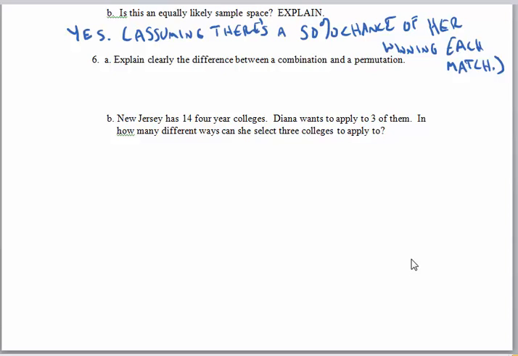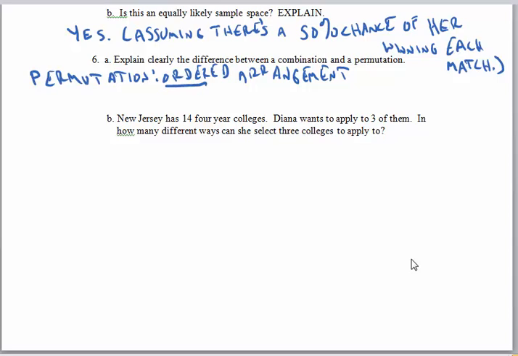Really the difference is, and I think I had written it in class, a permutation is an ordered arrangement. Right? And the key word there is ordered. I mean, really, ordered and arrangement both kind of imply the same thing. Arrangement kind of implies that there's an order involved, right?